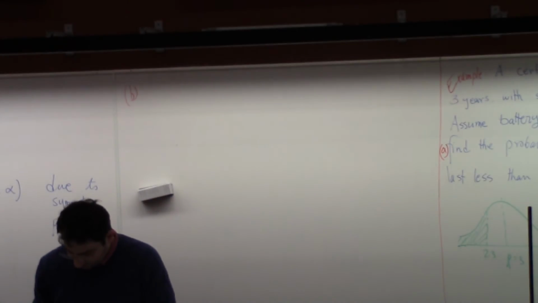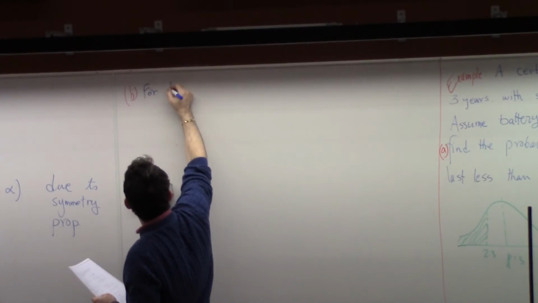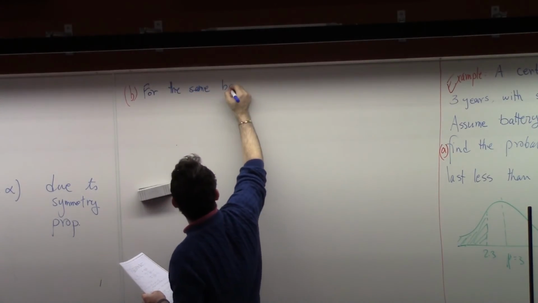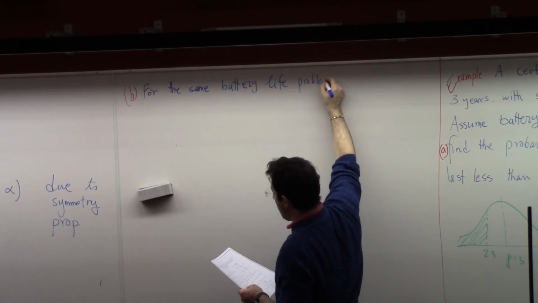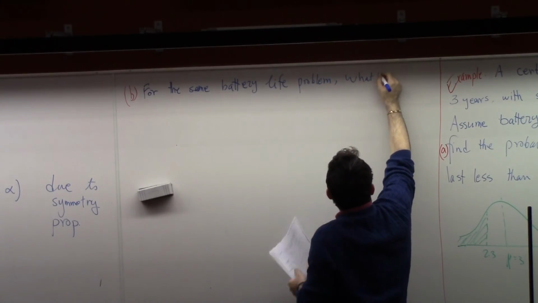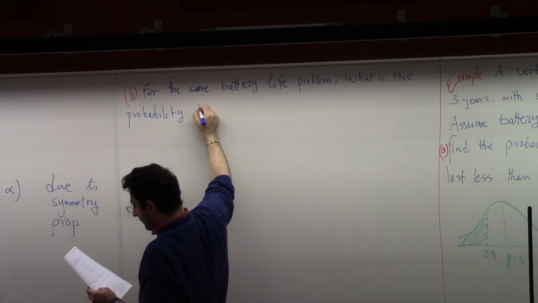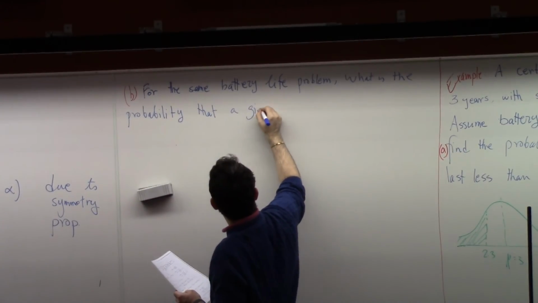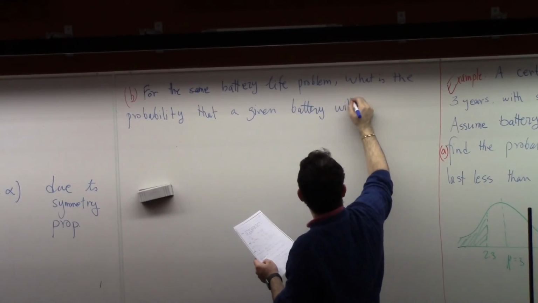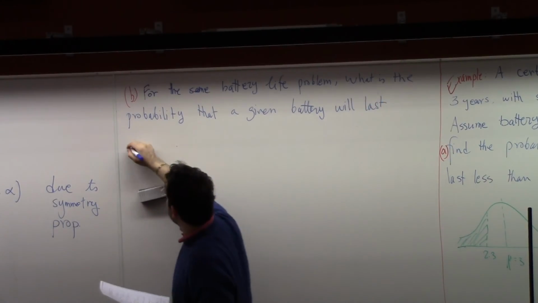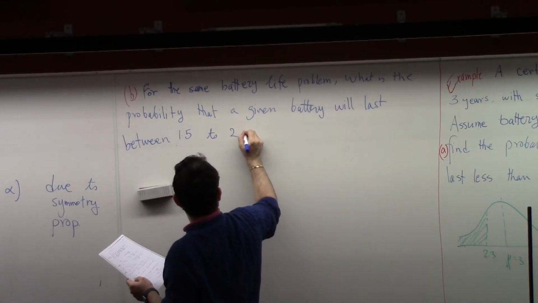And the question says, for the same battery life problem, what is the probability that a given battery will last between 1.5 to 2 years.